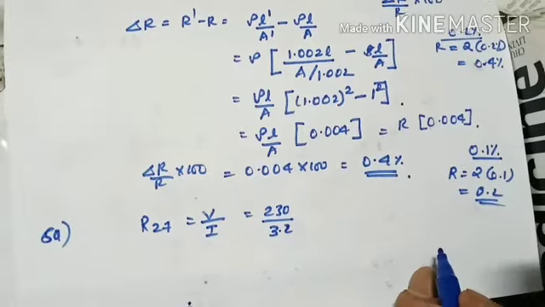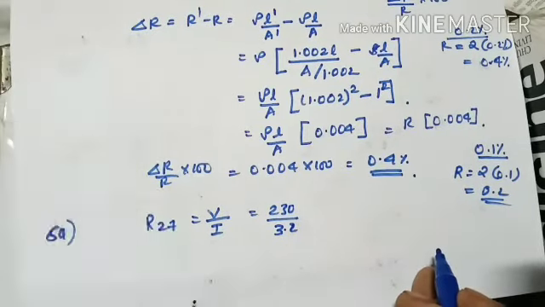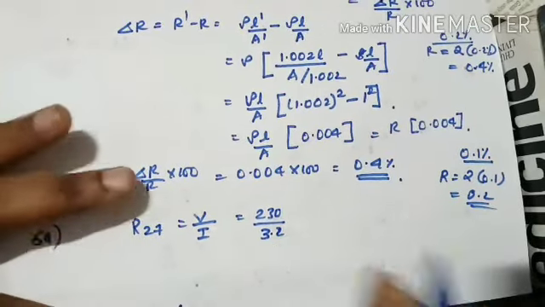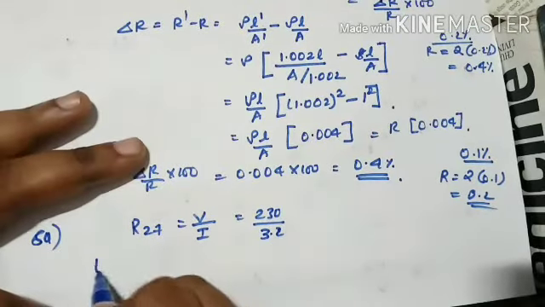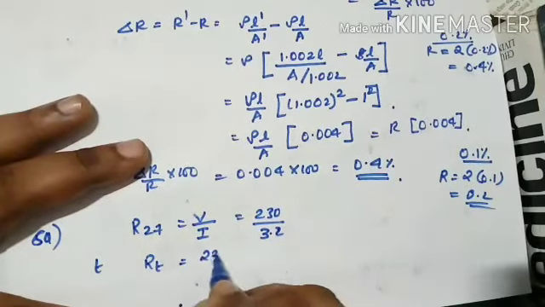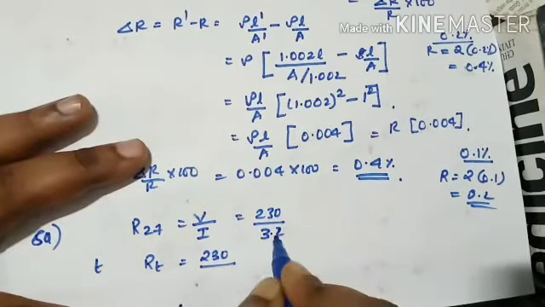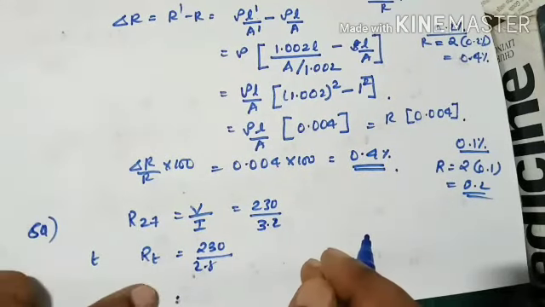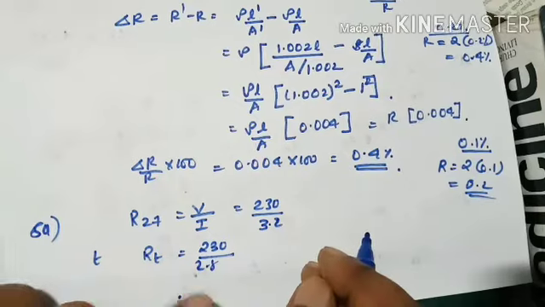Right, this is the resistance at 27 degrees Celsius, because voltage is given and current is given. Now at some T degrees Celsius, I don't know, right? At T degrees Celsius, the resistance will be given as what? Same scenario, but the current has reduced to how much? 2.8 ampere. And you are asked what is the temperature at which the resistance is this.